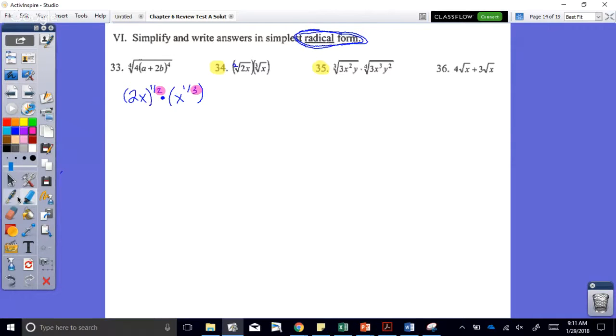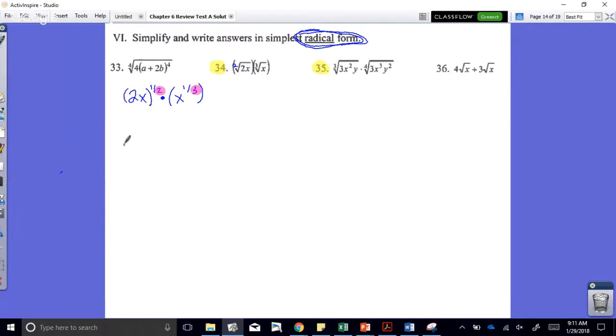So one thing that I can do to make these match is I can turn the 2 and the 3 both into a 6 over 2. I want to make this over 6 as one radical.